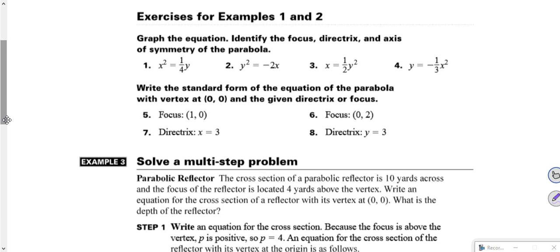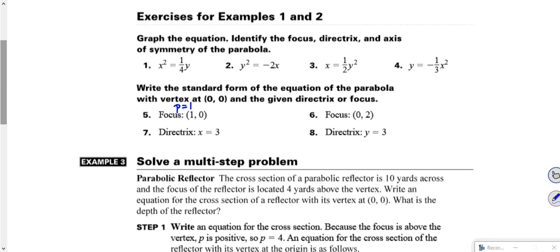Write the standard form of the equation of the parabola with vertex 0, 0 and the given directrix or focus. So if my focus is 1, 0, that means that my p is 1, okay? And if my focus is 1, 0, that is on the x-axis.